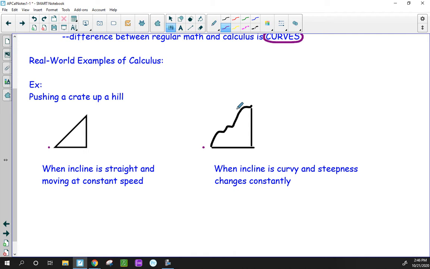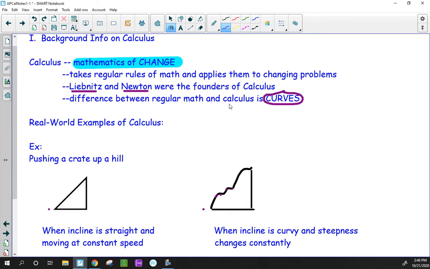Because there's so many different things going on there and the steepness is changing no matter which point you're looking at, you have to exert different amounts of energy. And so this is a calculus problem. That's why it's called the math of change, because the effort I put forth here is going to be different than here and here, for example.